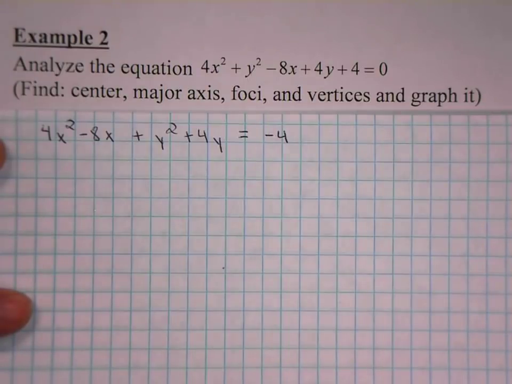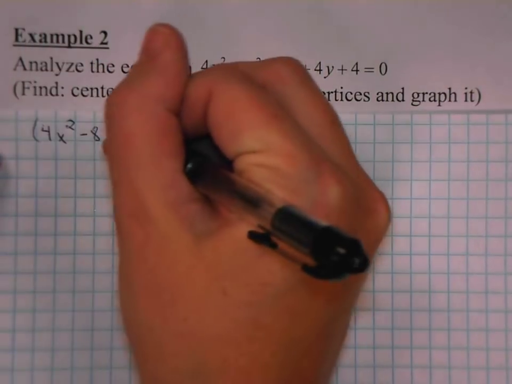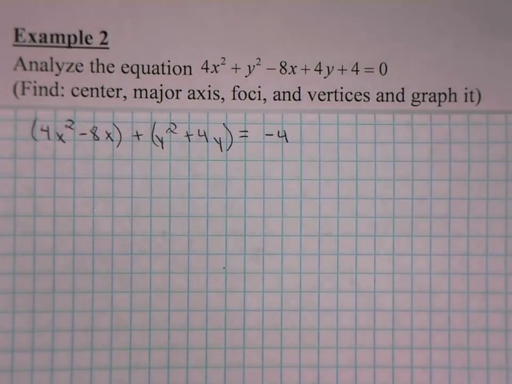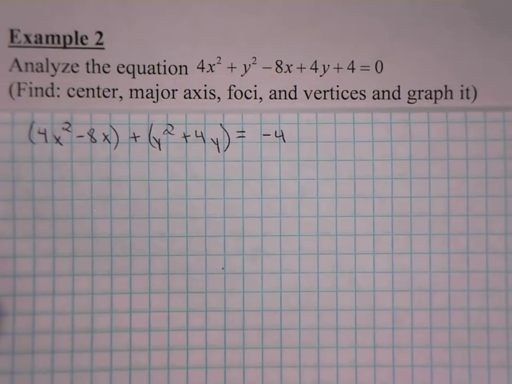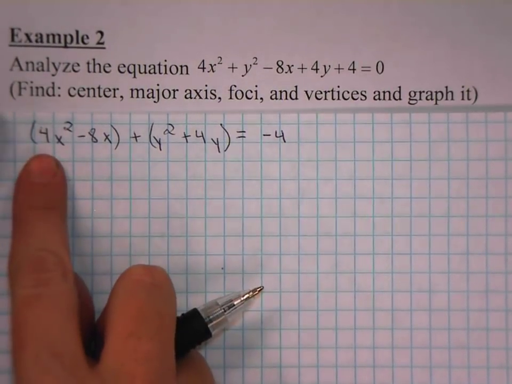The next thing you want to do once you've grouped just by location is actually group using parentheses. So I'm going to group my x's together and group the y's together. And now I'm going to have to go through the process of completing the square, not once but actually twice, once for the x's and once for the y's. So in order to do completing the square, we do need a leading coefficient of 1.